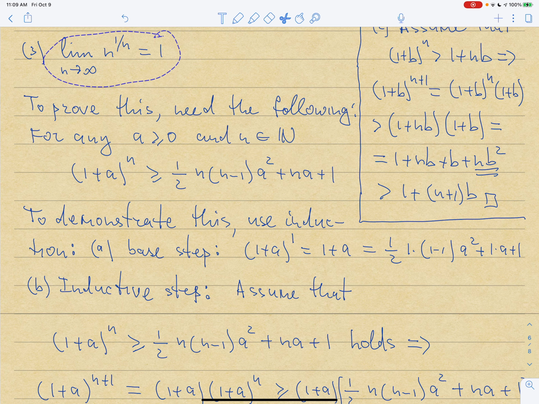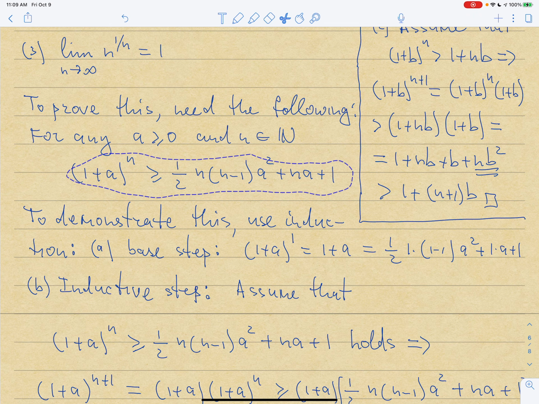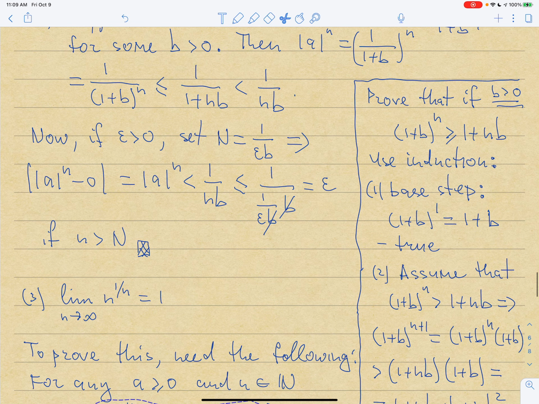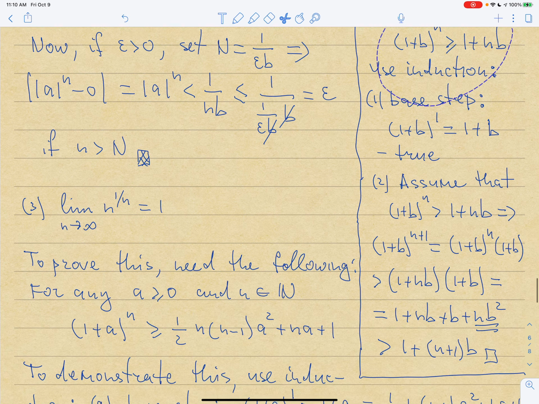And to prove this, I'm going to first establish the following inequality, which is valid for all positive a and n being a natural number. This property actually follows from something called the binomial theorem. The property that I used last time also follows from this theorem. Last time we showed that (1 plus b) to the n is bigger than 1 plus nb.